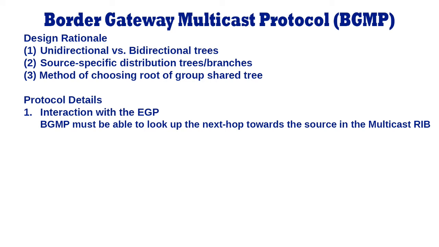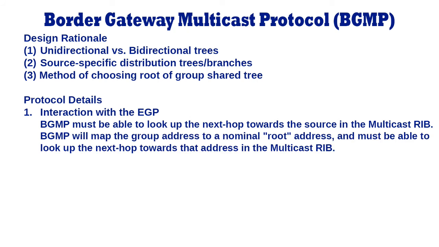For a given source-specific group and source, BGMP must be able to look up the next hop towards the source in the multicast RIB, and second, for a given non-source-specific group, BGMP will map the group address to a nominal root address and must be able to look up the next hop towards that address in the multicast RIB.